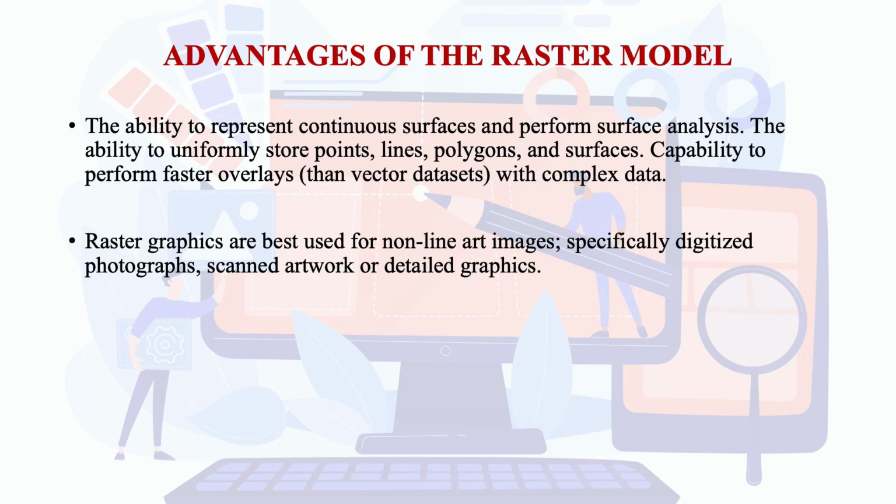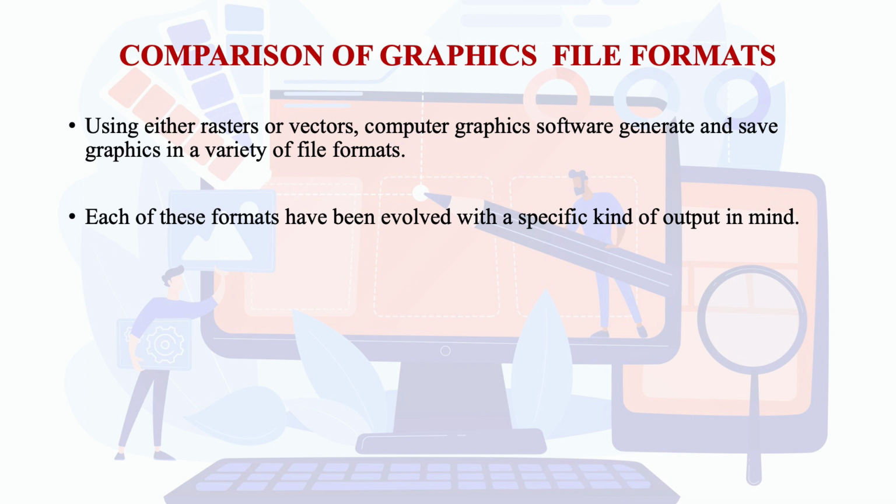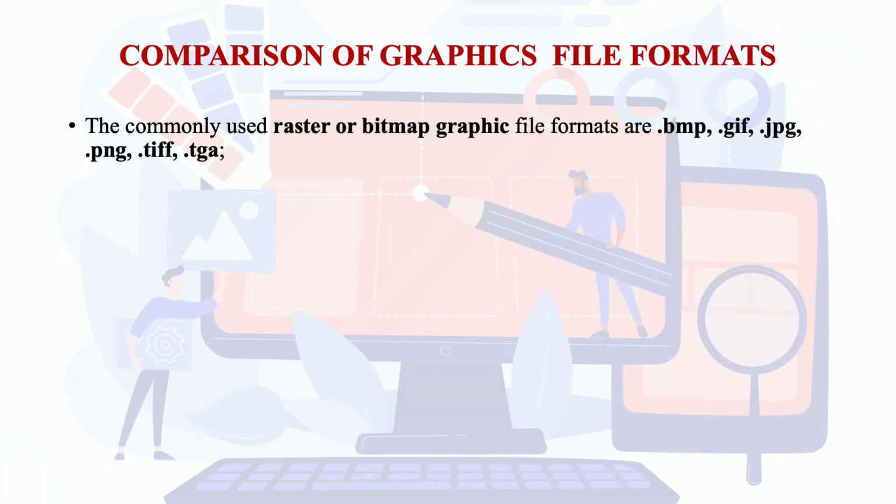Let's compare the graphic file formats. Using either raster or vectors, computer graphics software generates and saves graphics in a variety of file formats. Each of these file formats has evolved with a specific kind of output in mind. We can examine a few commonly used file formats and compare their characteristics. Examples: .bmp, .gif, JPEG and PNG are raster or bitmaps.